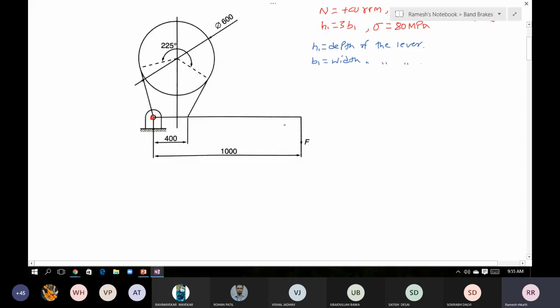Now, when the rectangular section is given, we know from the first chapter, that is the first module, the bending equation.